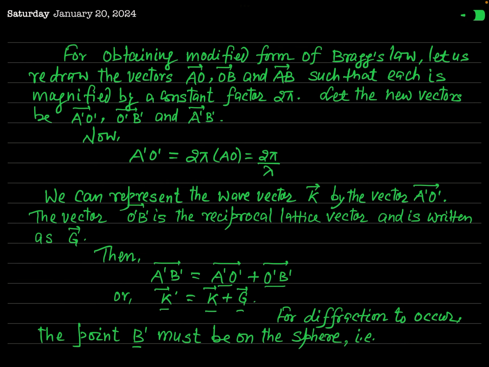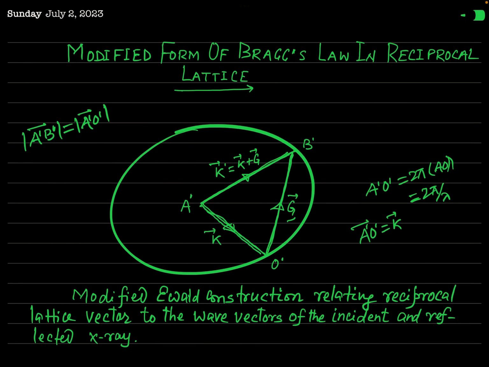Now you can see, if we treat A prime O prime as representing the direction of the incident X-ray, then this direction A dash B dash, that is the wave vector K prime, represents the direction of the reflected wave or the diffracted wave. So K is in the direction of the incident X-ray beam, and K dashed vector is in the direction of the reflected X-ray beam.